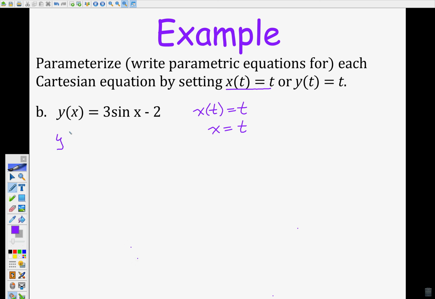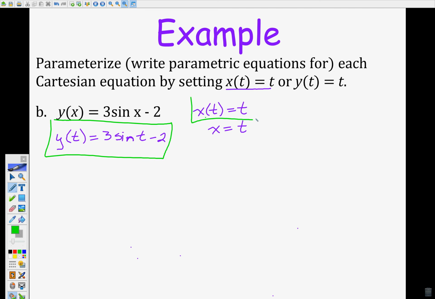So I have y of t is equal to 3 sine of t minus 2. And that's it. Those are my two answers, my y of t and my x of t.